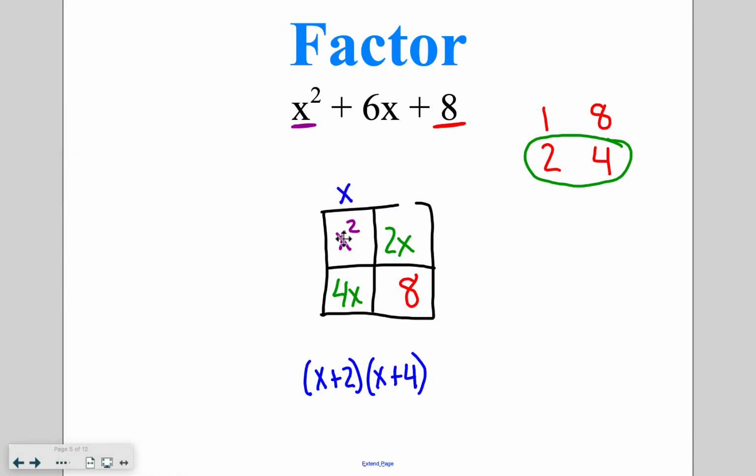Then we say x times x gives us x squared. x times 4 gives us 4x. Then x times 2, and 4 times 2 is 8. So it gives us that same factor pair, x plus 2, x plus 4, no matter where you put those two factors into your box.